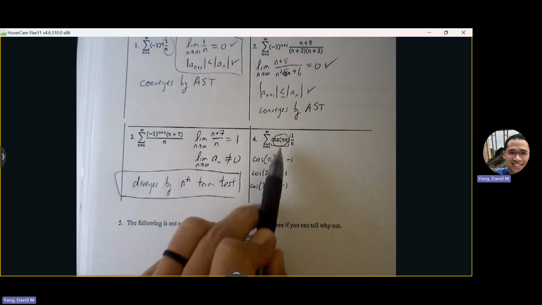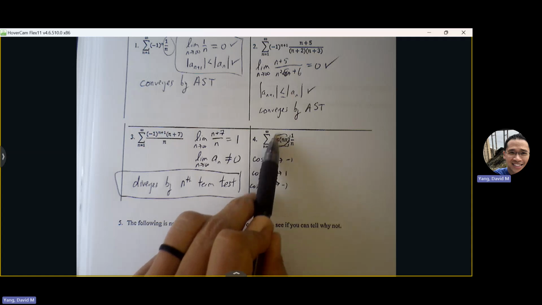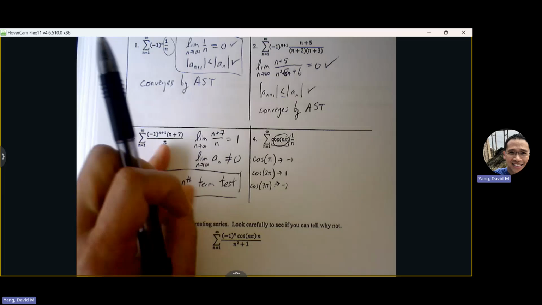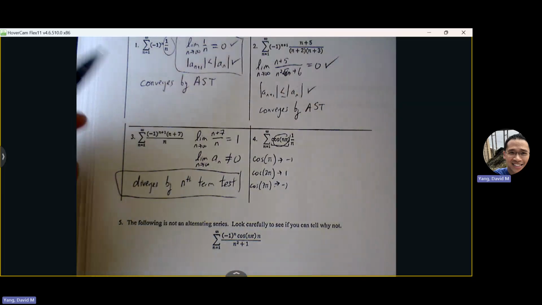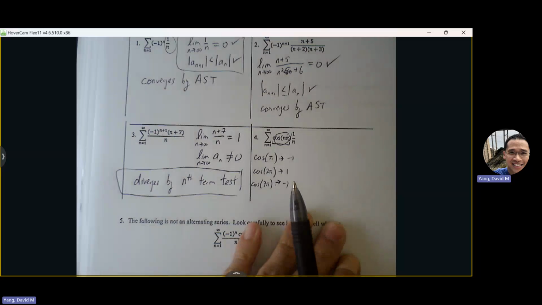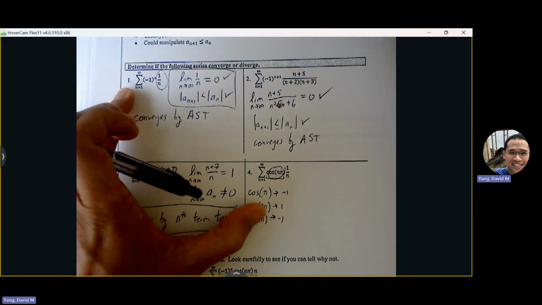So basically, this is an alternator, using trig to disguise an alternator. So this cosine n pi is the same thing as (-1)^n or (-1)^(n+1). So this acts as an alternator. So number 4 is essentially the same thing as number 1, right?